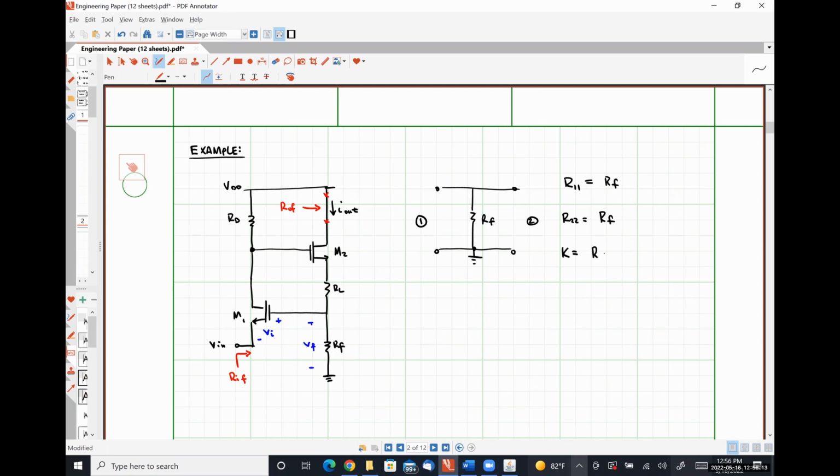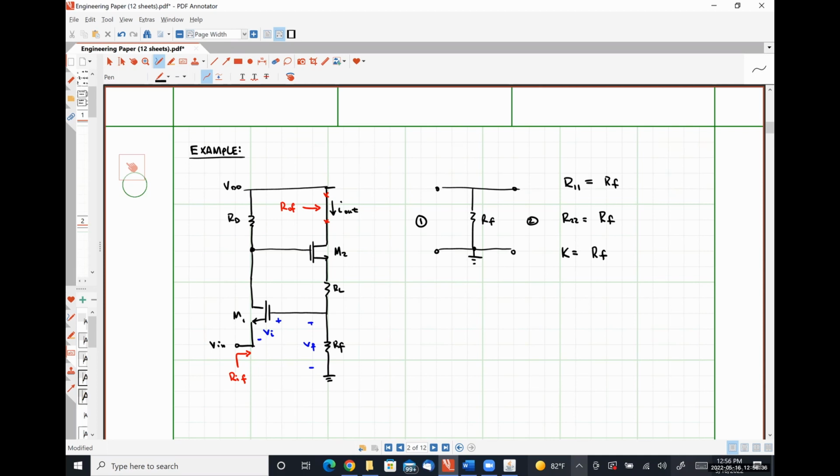So K is also RF. So the single resistor is everything to our feedback network. It's how it loads the input side, it's how it loads the output side, and it contributes our feedback. It should make sense, at least from this perspective.